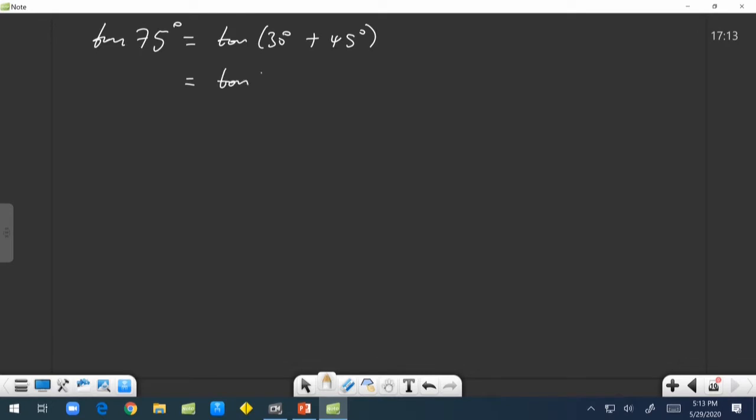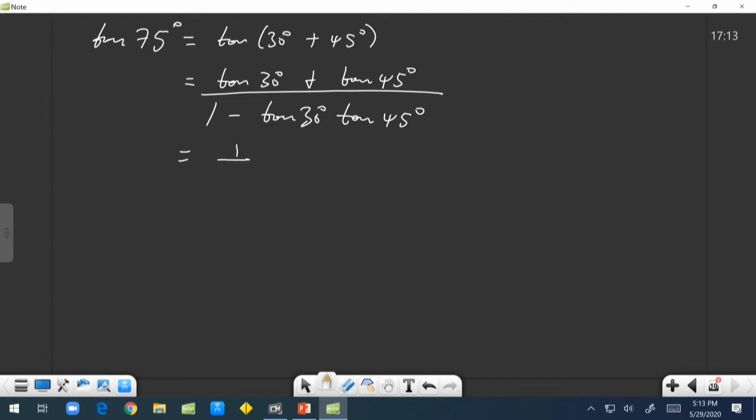We have tan 30 degrees plus tan 45 degrees divided by 1 minus tan 30 degrees tan 45 degrees. So tan 30 is 1 over root 3, and tan 45 is 1. All divided by 1 minus tan 30 again, 1 over root 3, multiplied by 1, because tan 45 is 1.